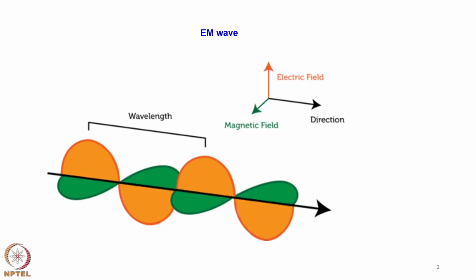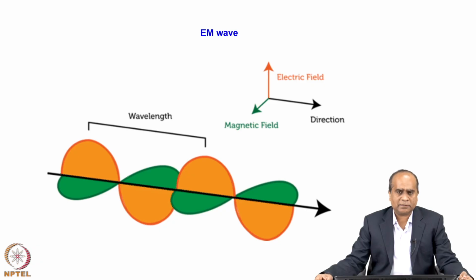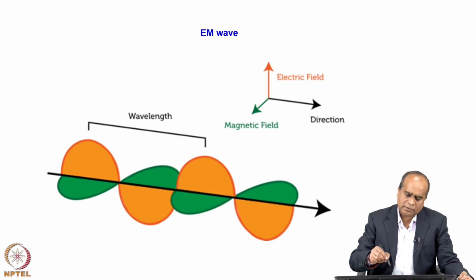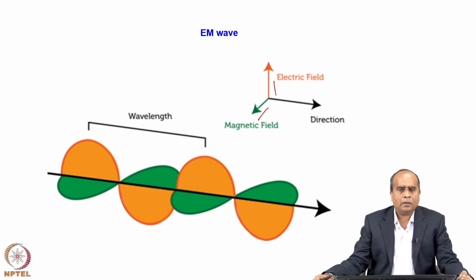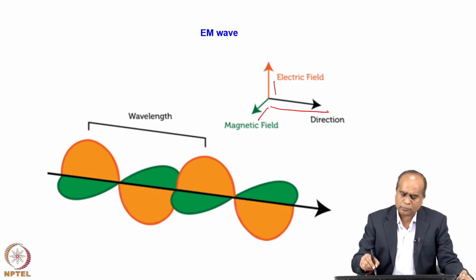Now, just to recap, we are talking about electromagnetic waves. So, electromagnetic means there are two components, one is the magnetic component and one is the electric component, and both are perpendicular to each other, and then the wave is propagating in the direction perpendicular to both of these, right.